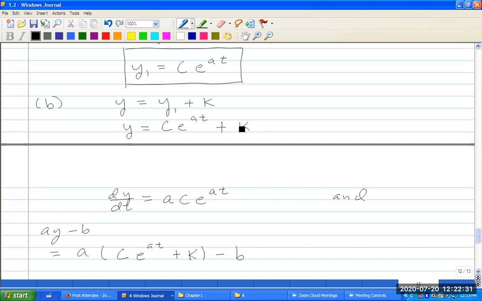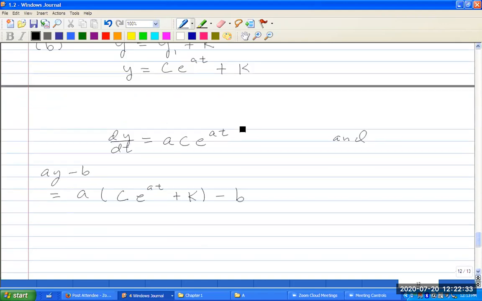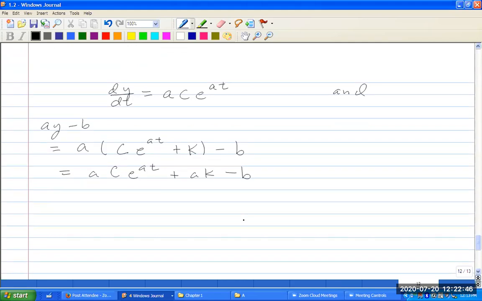And now let's try to simplify. So this is equal to, multiplying a inside the parentheses, ac e to the at plus ak minus b. Well then, my differential equation, dy over dt equaling ay minus b, that's the original equation 1 that I wanted to solve.